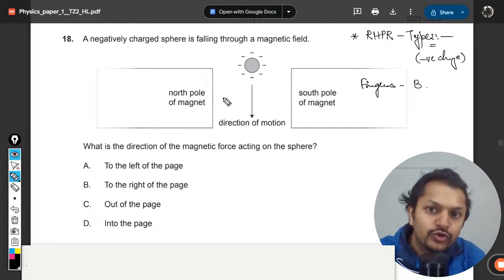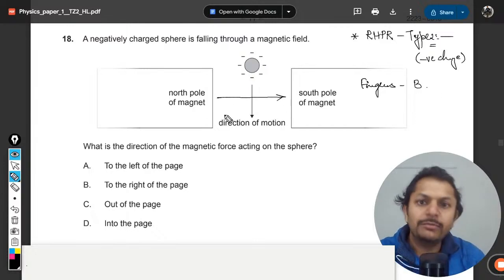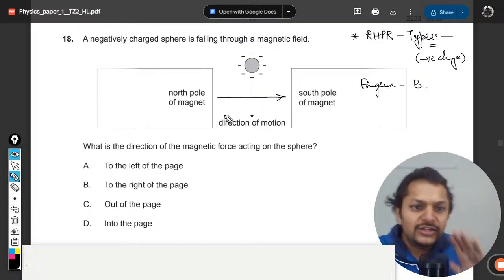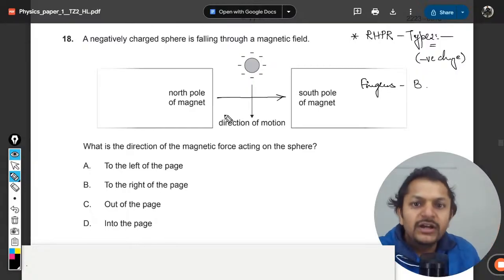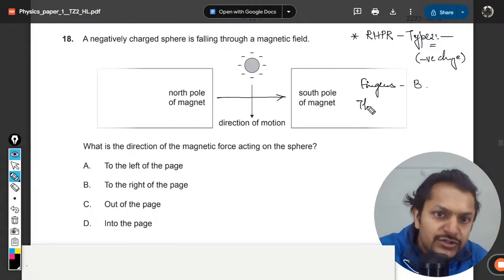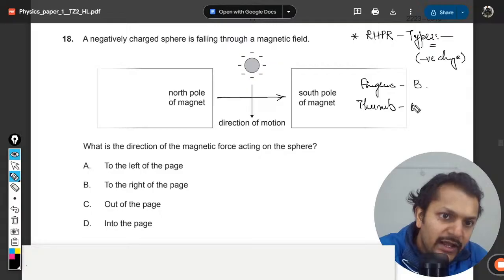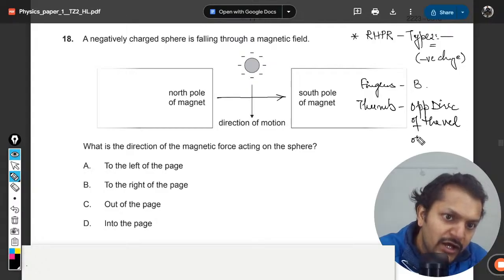It means from north to south. The magnetic field is towards the right, so I can keep my fingers like this. And my thumb will be pointing in the opposite direction of the velocity of the negative charge.